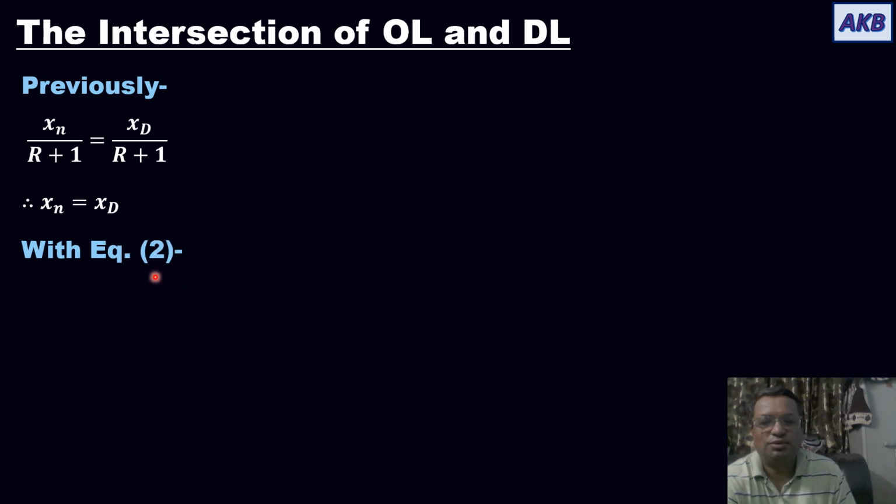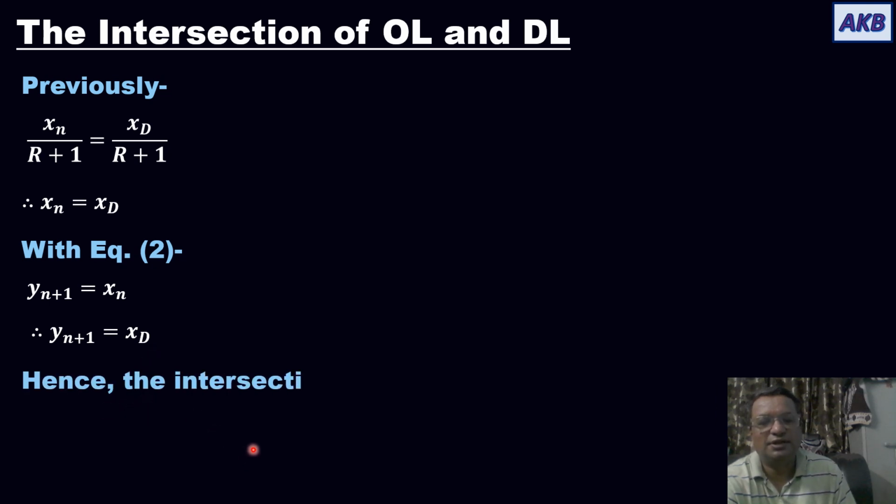Okay, so now with equation 2, what is that equation which was written previously? This is yn plus 1 is equal to xn, but xn is now xd, so that means yn plus 1 is also equal to xd.